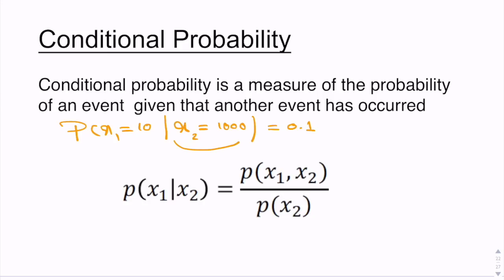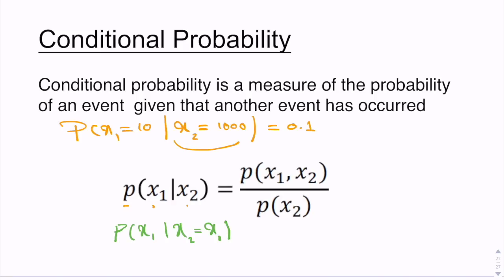If you want to express the conditional probability in terms of the joint probability, then that's the formula. Probability of x1 given x2. If you want to be more specific about this probability, we should express it like this: probability of x1 given x2 equals a value, let's say x naught. That means now we know x2 is deterministic. It's not a random variable anymore.